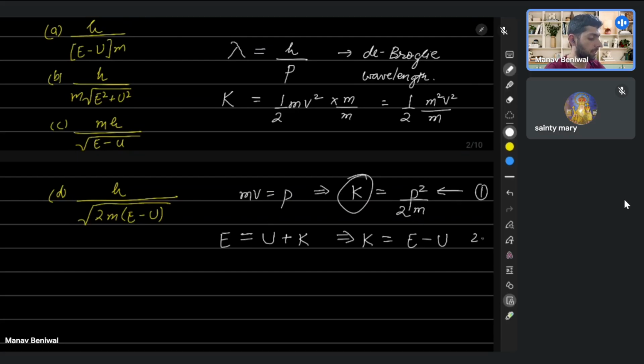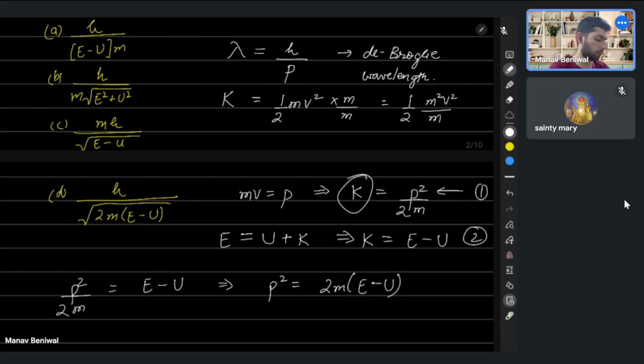So from equation 1 and 2 we can write p squared over 2m equals E minus U, or p squared is 2m times E minus U, and taking square roots on both sides, p will be under root 2m E minus U. Let's say this is equation 3, and let's say this is the definition.